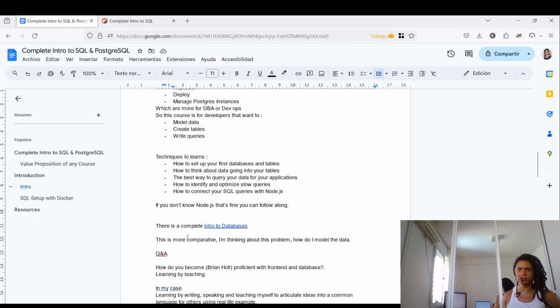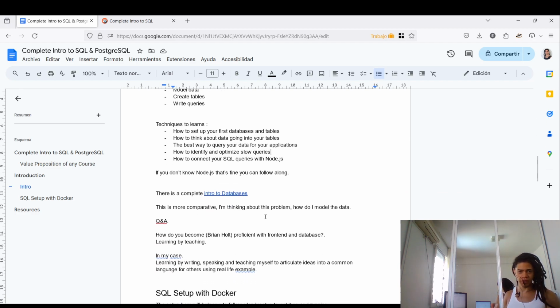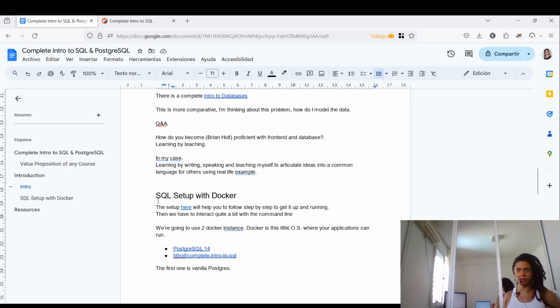So this is the introduction to SQL and Postgres specifically. We're going to dive deep into this. There is also another course, the Intro to Database, which is a more holistic overview of which type of database you should choose depending on your problem. That seems like very interesting knowledge. And then we look at the setup, SQL setup with Docker.